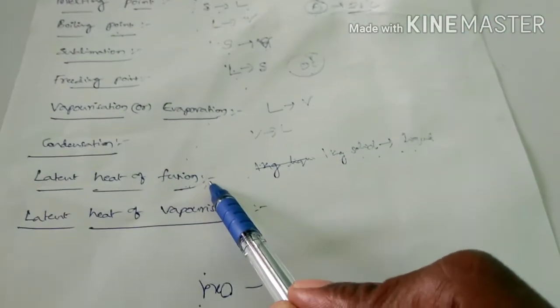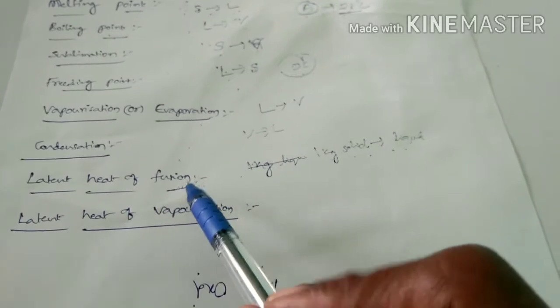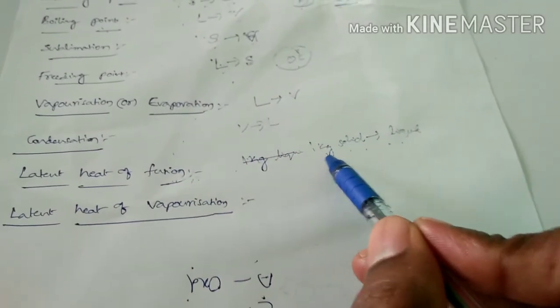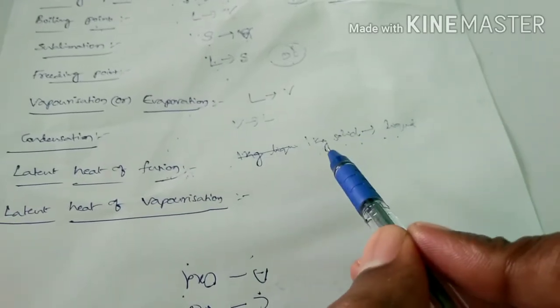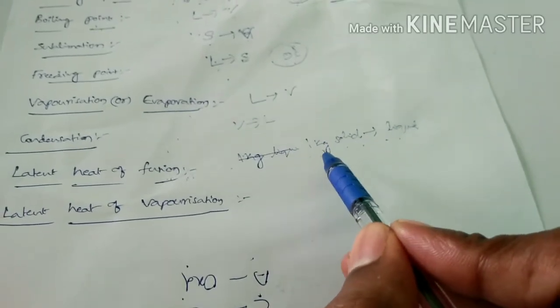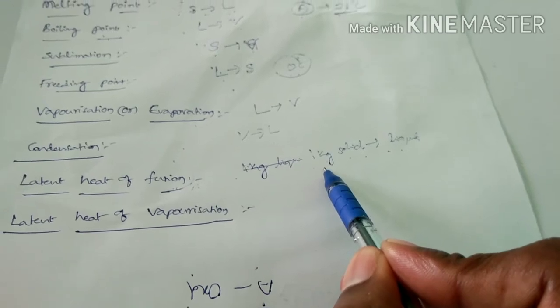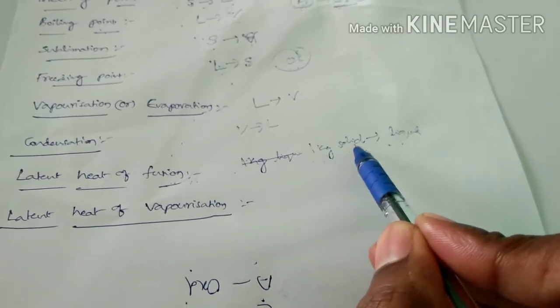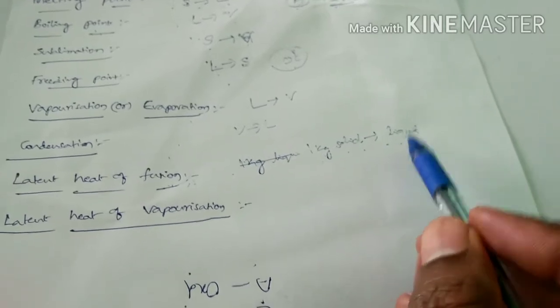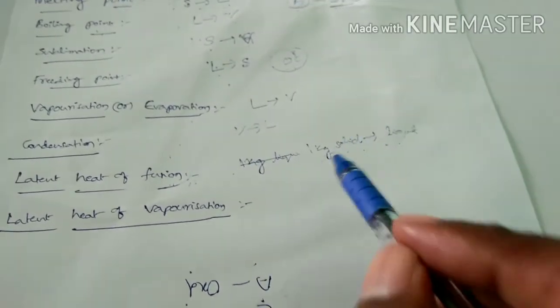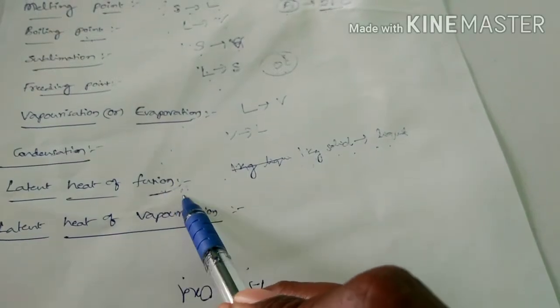Fusion is nothing but melting. So the definition is the amount of heat, not temperature. Listen carefully. The amount of heat required to convert 1 kg of solid to liquid. That required heat is called latent heat of fusion.